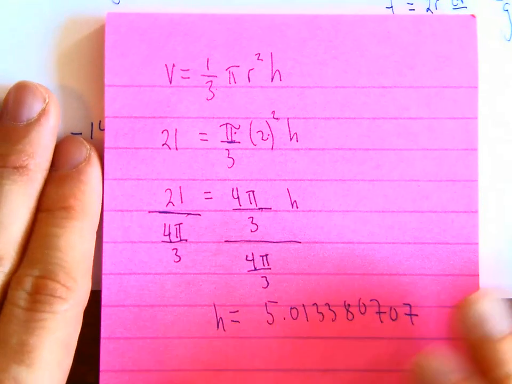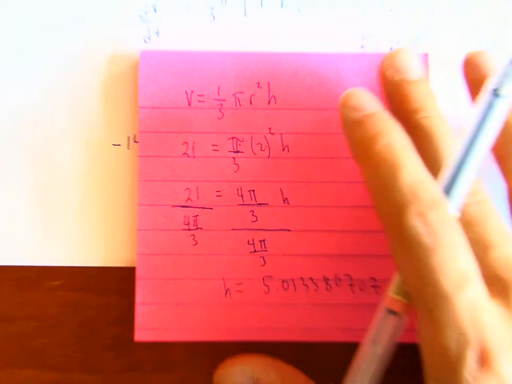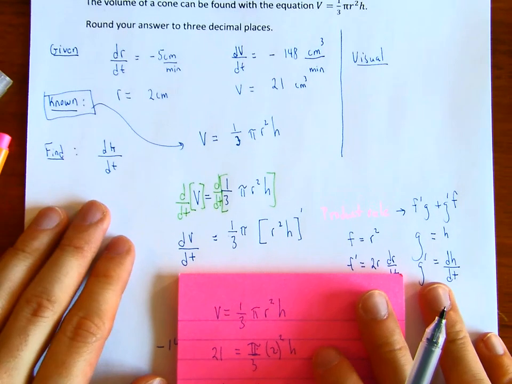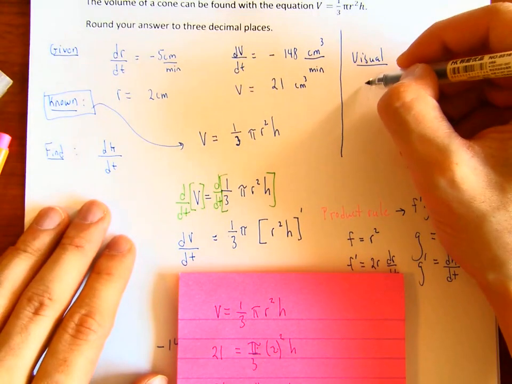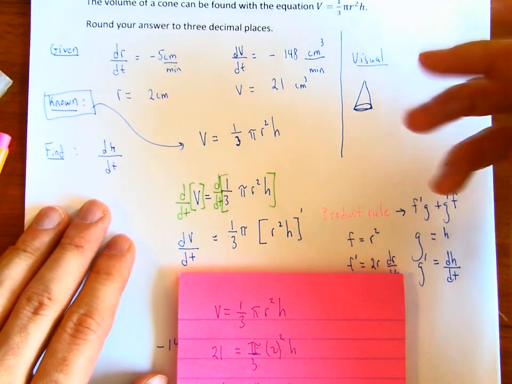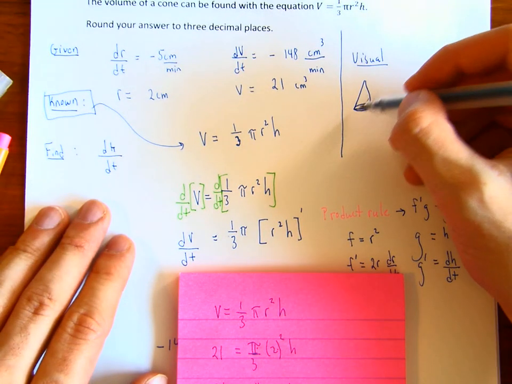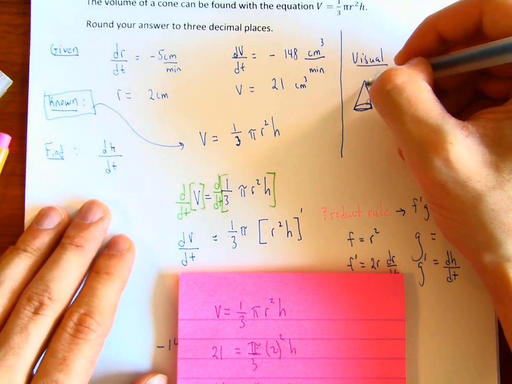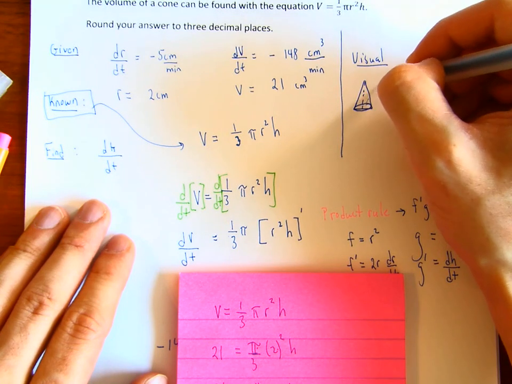And one thing I kind of forgot to talk about was visually, what's going on. This is a cone, right? Think of an ice cream cone or upside down, or like a party hat, right? So the height of the cone is this part here. That's the height.